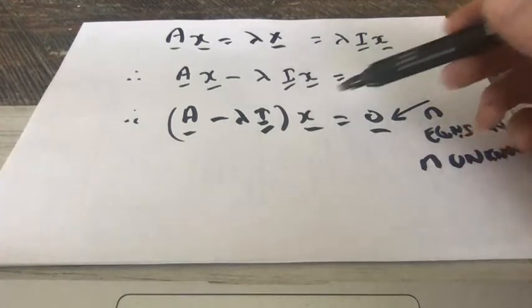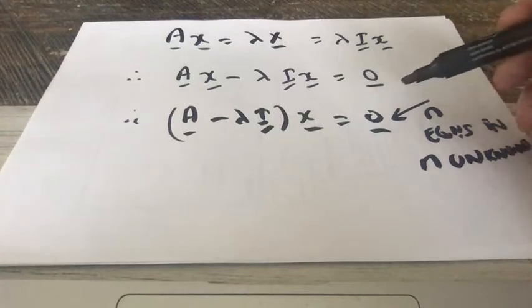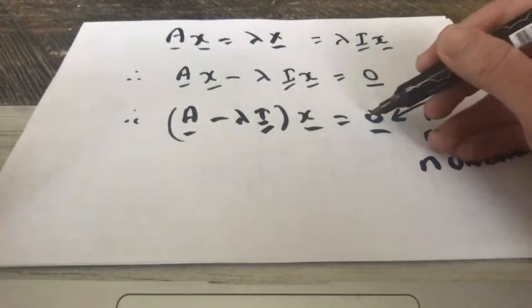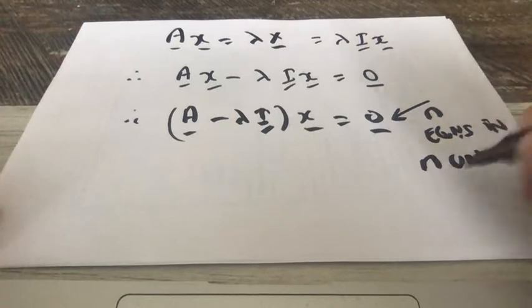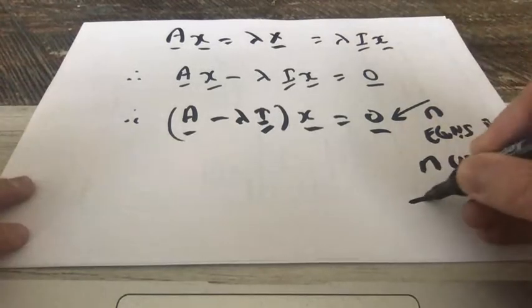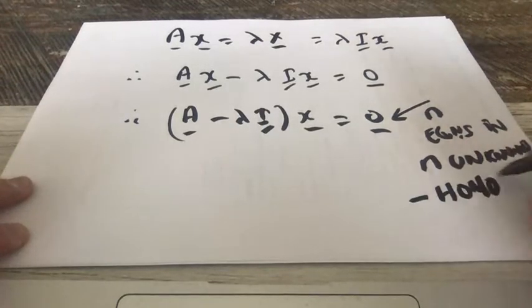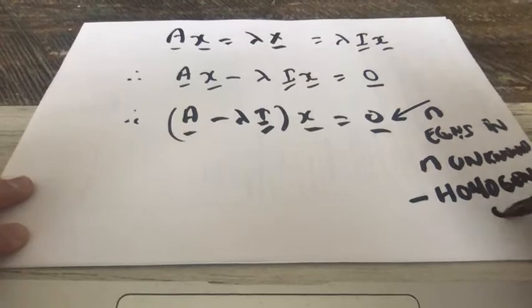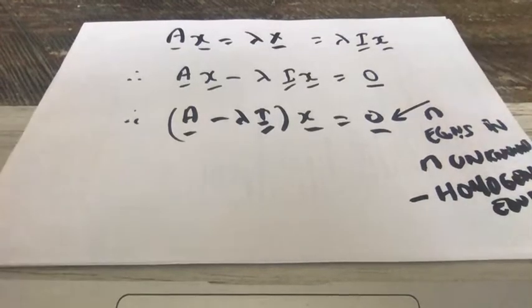Now, we'll see here, guys, that this is a special system of simultaneous equations. The right-hand side is 0. So this is n equations in n unknowns, but it's homogeneous. Remember we talked about this? If the right-hand side is all zeros, you have a homogeneous system of simultaneous equations. Again, you need to go back and look at the lecture.